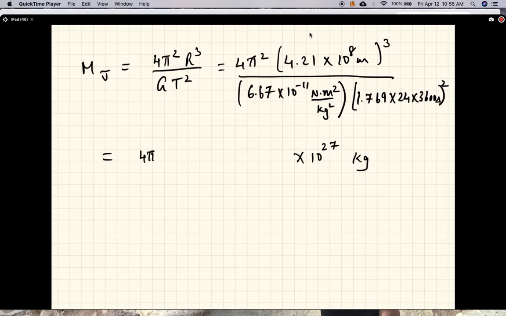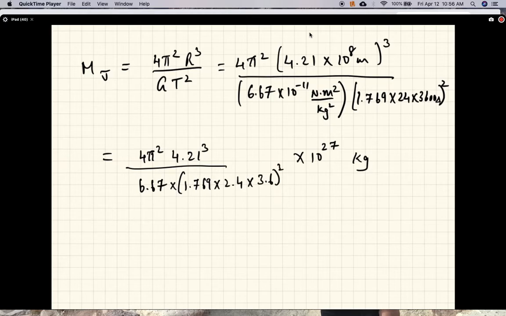4 pi squared times 4.21 cubed divided by 6.67 times 1.769 times 2.4 times 3.6 squared.